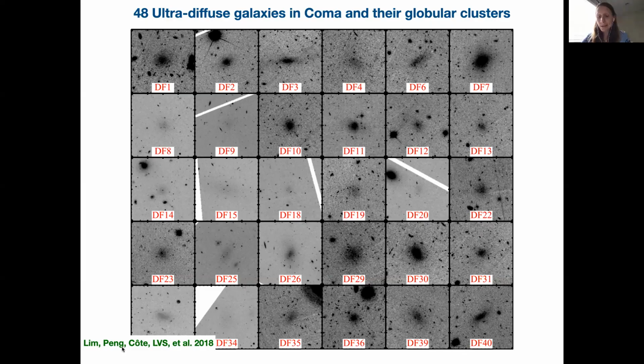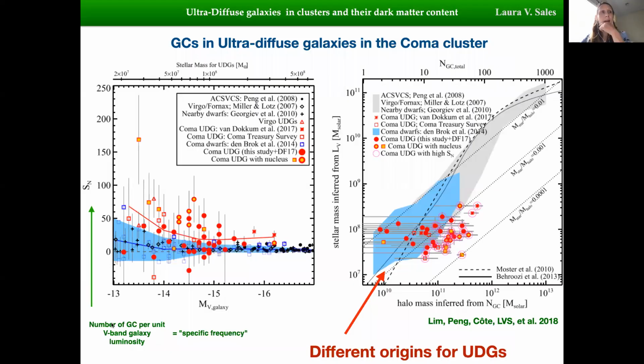So the results are summarized in this slide, where over here on the left, you have the same plot that we saw before, the efficiency, the number of globular clusters per unit of B-band luminosity or stellar mass, as you can think better. That's what we call a specific frequency, bright galaxies, dwarf galaxies over here. And so the UDGs are the red symbols, and the normal or non-UDG dwarfs are in this combination of black and blue symbols.